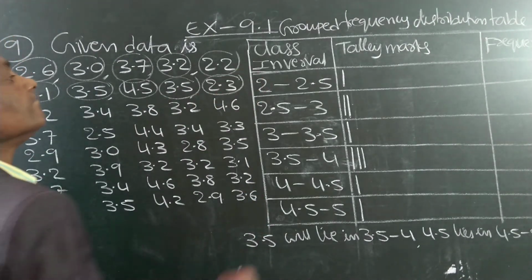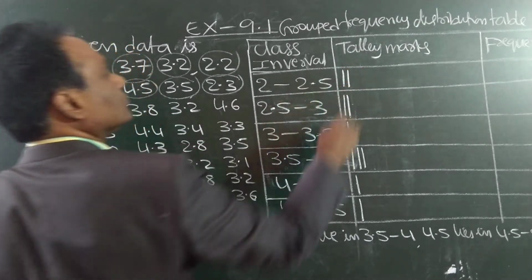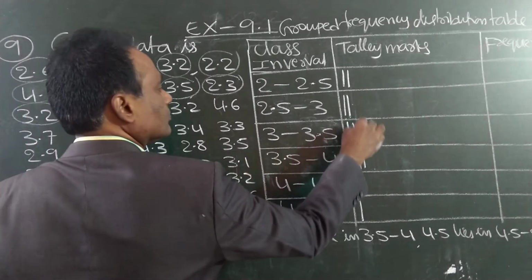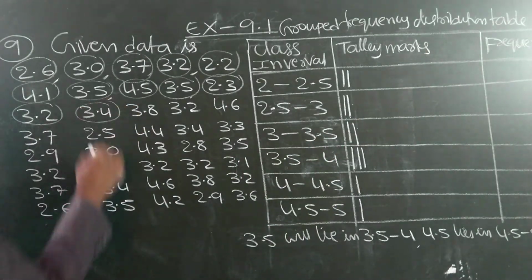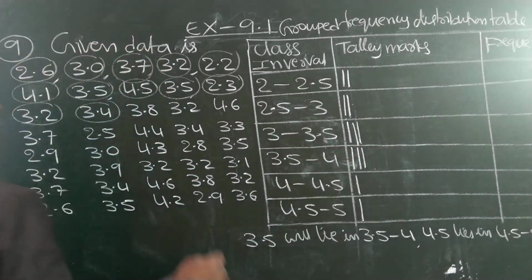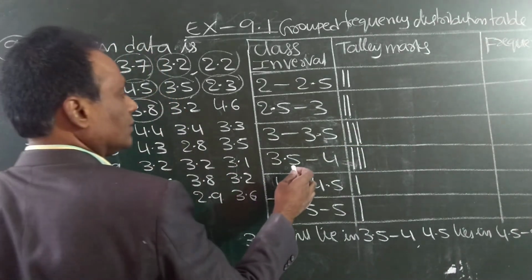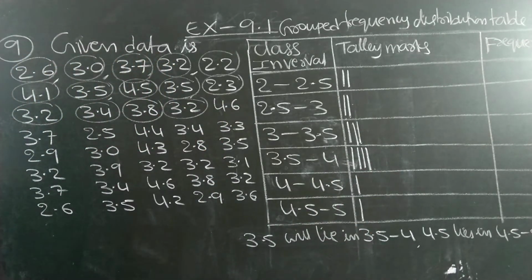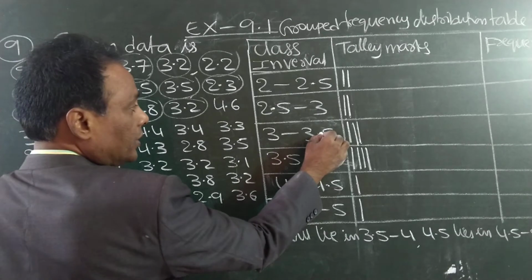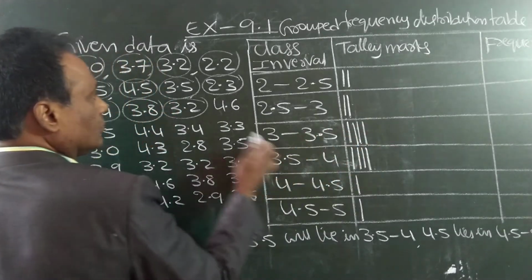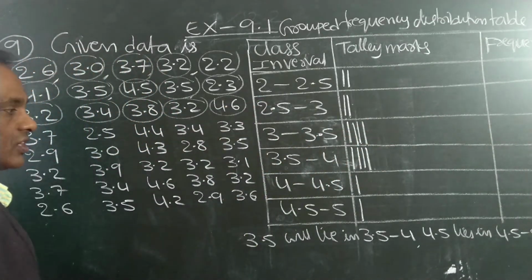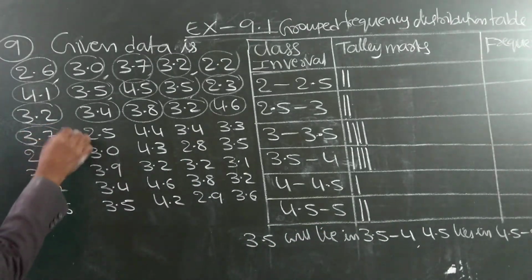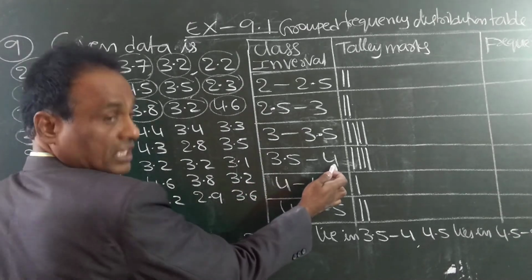2.3 here. 3.2 here. 3.4 here only. 3.8 here. 3.2 here. 4.6. 3.7 here.